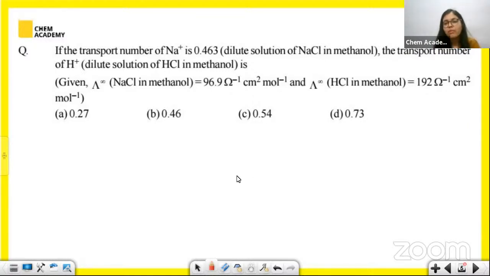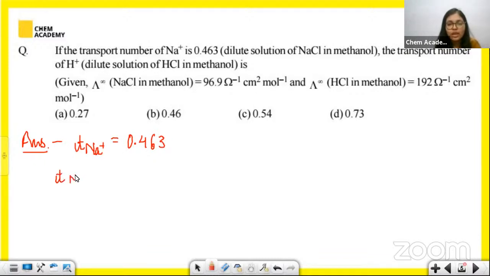First of all, let us write what we have been given in the question. The transport number of Na+ has been given as 0.463. This is in the case of NaCl. We know that for NaCl, the transport number of Na+ plus the transport number of Cl- is equal to 1.